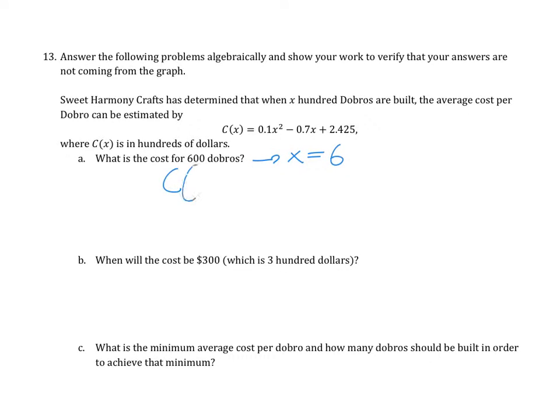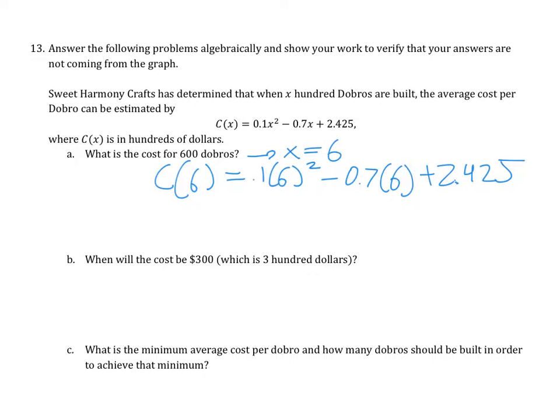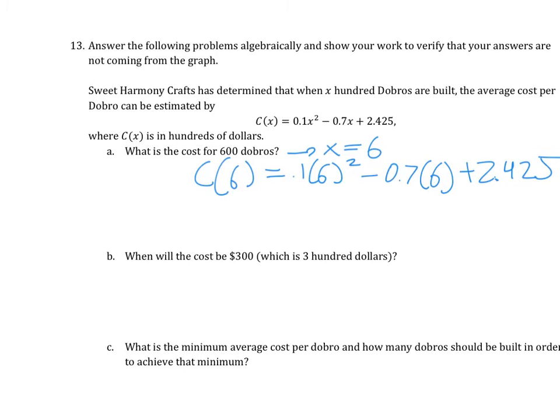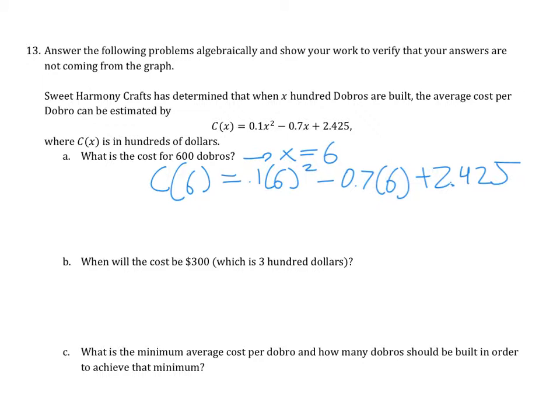C of 6 equals 0.1 times 6 squared minus 0.7 times 6 plus 2.425. Just punch it on your calculator, see what you get. And that gives us 1.825.